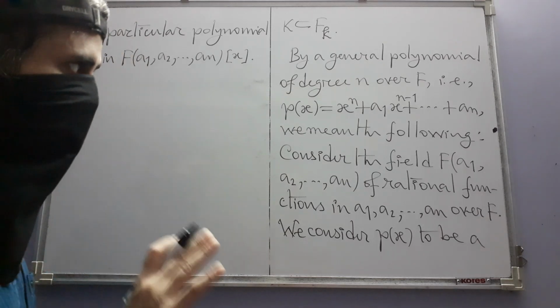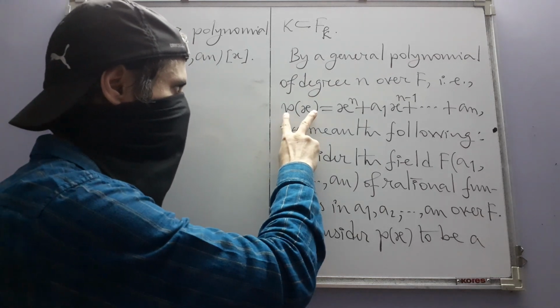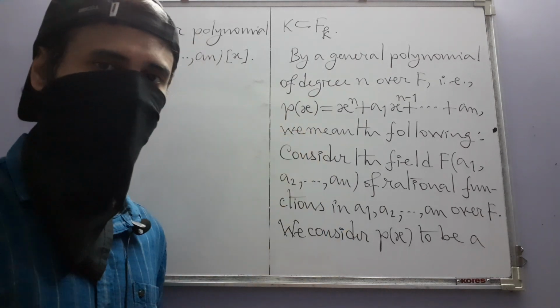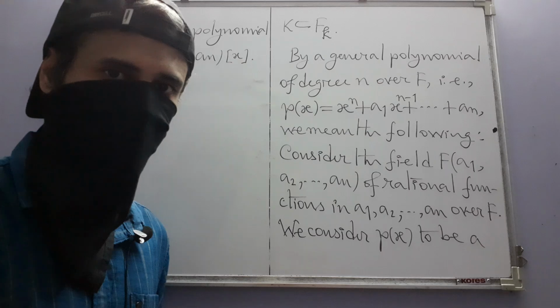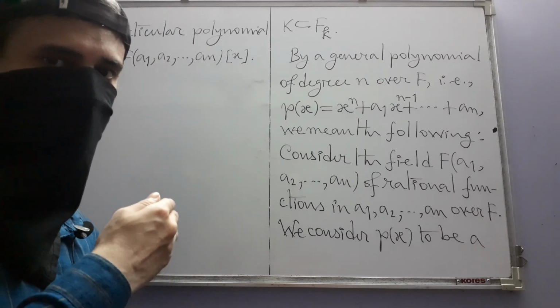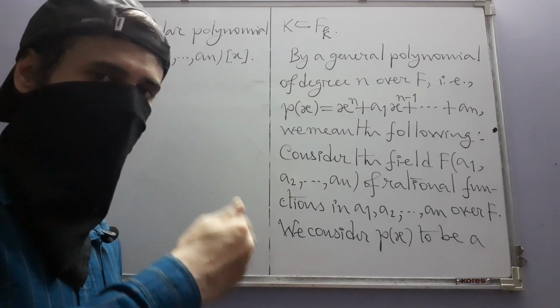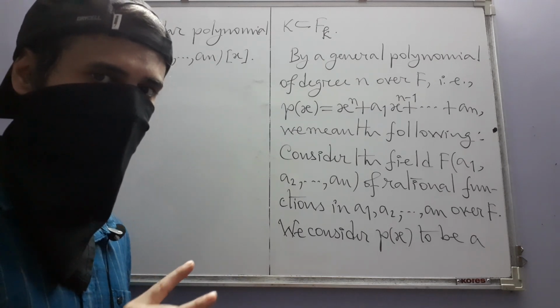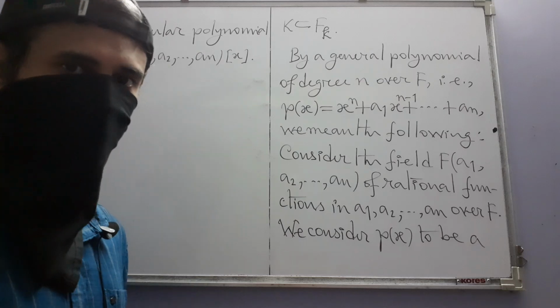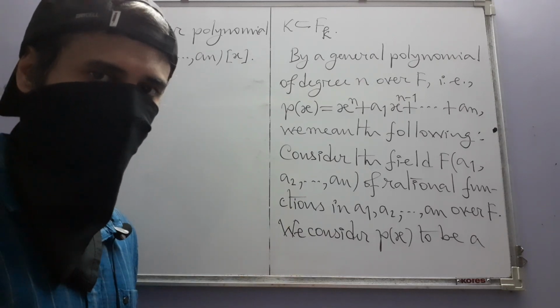You see, there is a slight difference between considering a particular polynomial over F, the kind of polynomial we considered at the beginning of our discussion, that is a specific polynomial x squared plus 3x plus 4. That is a polynomial over the field of rational numbers.